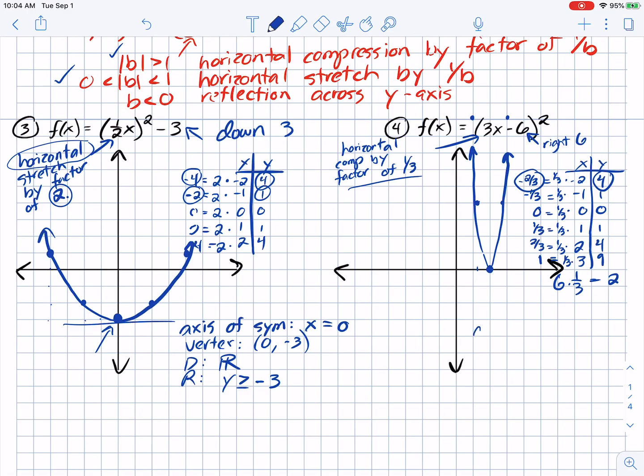The vertex, let's do axis of symmetry. Your axis of symmetry is at x equals 2. It's this vertical line going through 2. Vertex is (2, 0). Domain, all real numbers. Range, y is everything greater than or equal to 0.